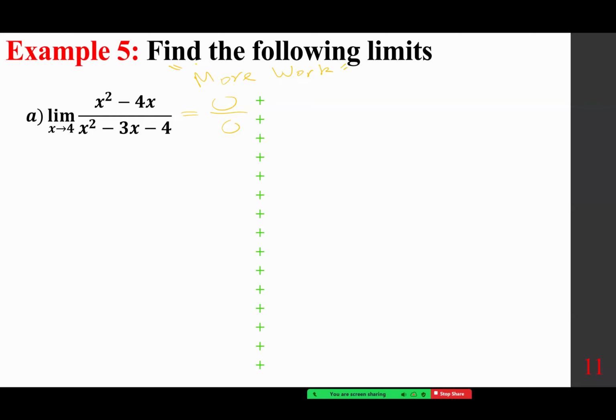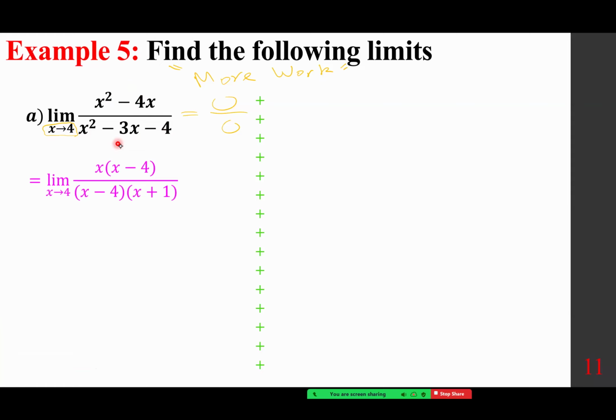Before we do that, because x is approaching 4, most likely the denominator has a factor of x minus 4 that creates the 0 in the denominator. So you really should have an idea how to factor this. Of course, it's a simple factoring, but even if it's not, remember that. So the top is x times x minus 4. The bottom, you want two numbers whose product is -4 and sum is -3, so -4 and +1.